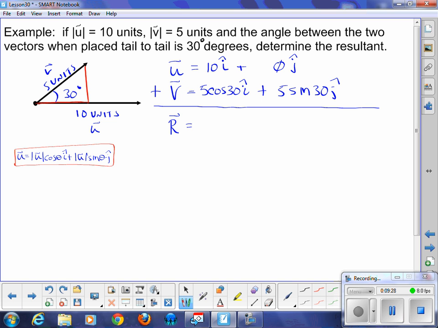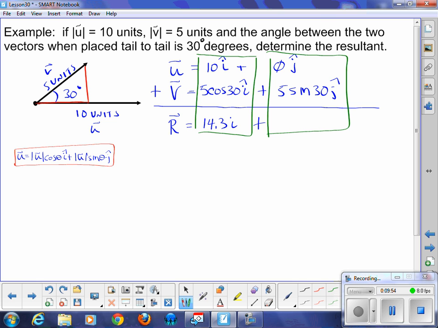What this allows me to do, it allows me to add my x components up here, and it allows me to add up my y components to end up with the resulting xy components of the final vector. So you're just going to use the calculator to add the columns. So 10 plus 5 times cos 30 equals 14.3 i.